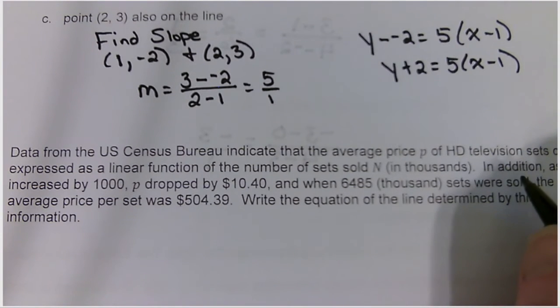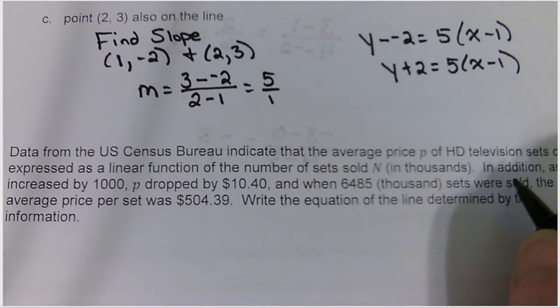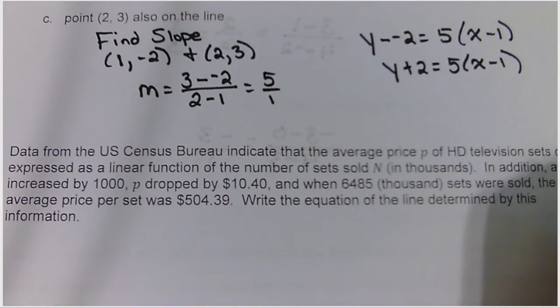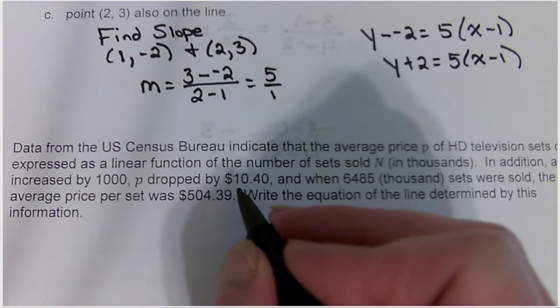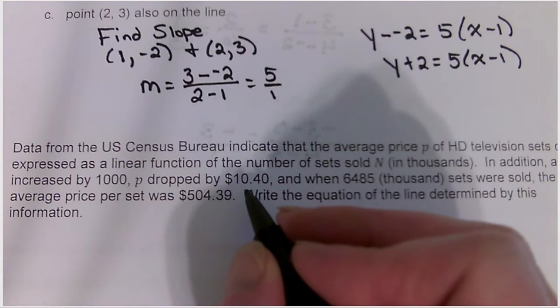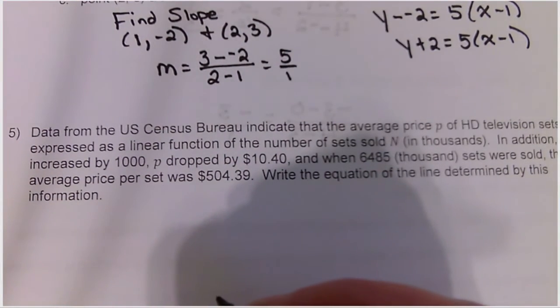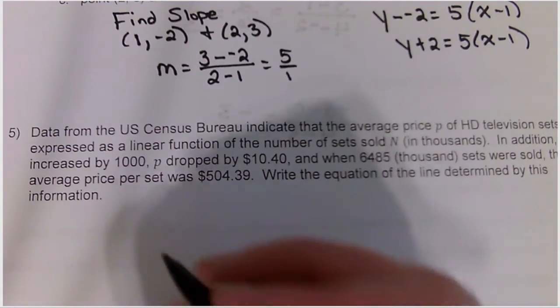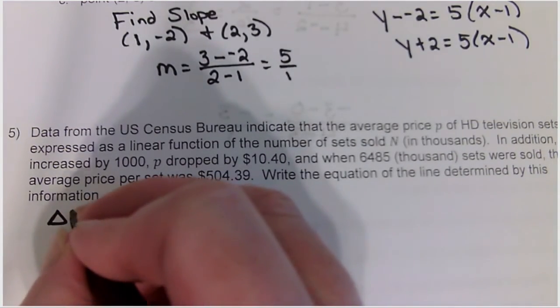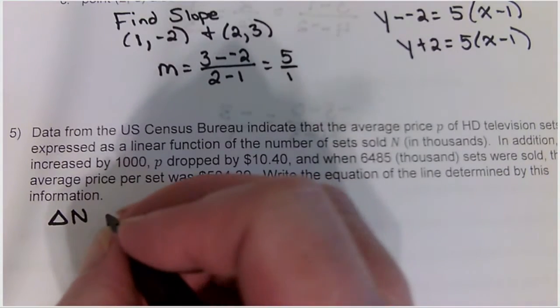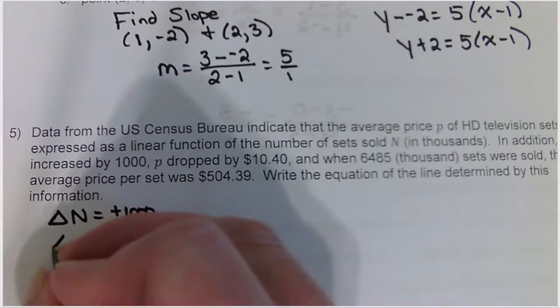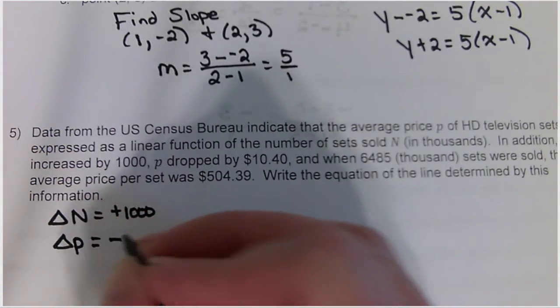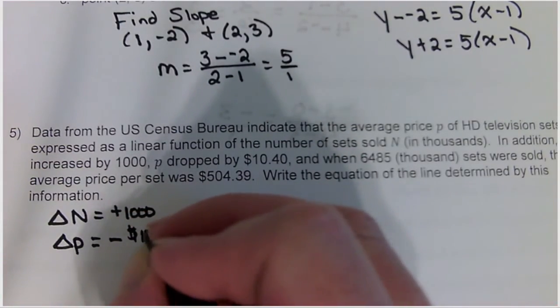Then it also says, in addition, as x increased by 1,000, the price dropped by $10.40. So we're given this change. We're given that the change in n, which is like our x, is increasing by 1,000, and the change in p is decreasing by $10.40.